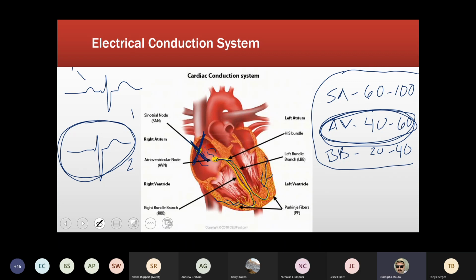Now, if my AV node fails, I do have yet another backup, which is my ventricles, my bundle branches. And they fire at a rate of 20 to 40. But just remember, they are a very wide rhythm when it comes to the ventricles. If you've ever heard of ventricular tachycardia or an idioventricular rhythm, which I have examples of later on, they're kind of nasty, kind of ugly looking.